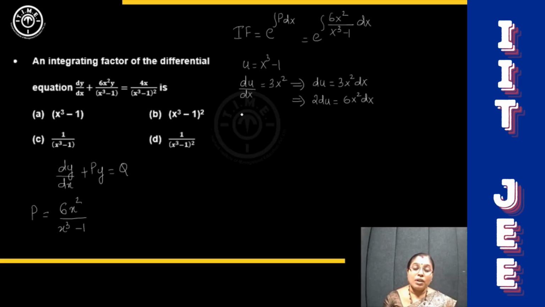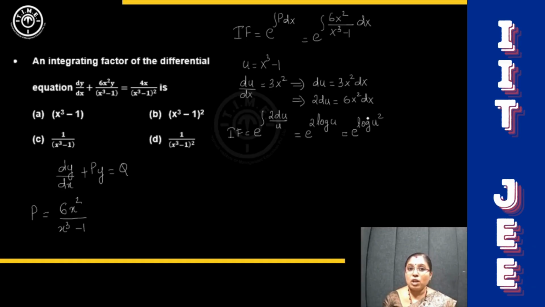So that our integral becomes, integrating factor is equal to e raised to integral 2 du by u. Now integral of 1 by u is log u. So let us write e raised to 2 log u. Now n log a is log a raised to n, so we can write e raised to log u square.